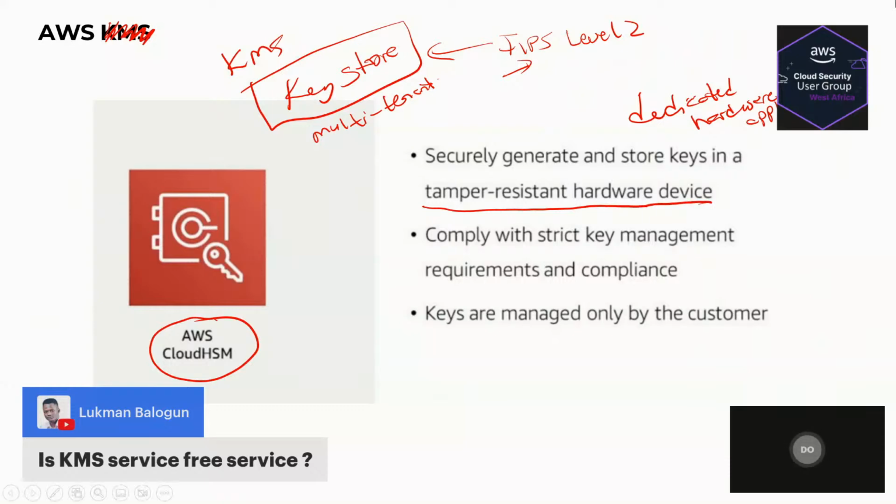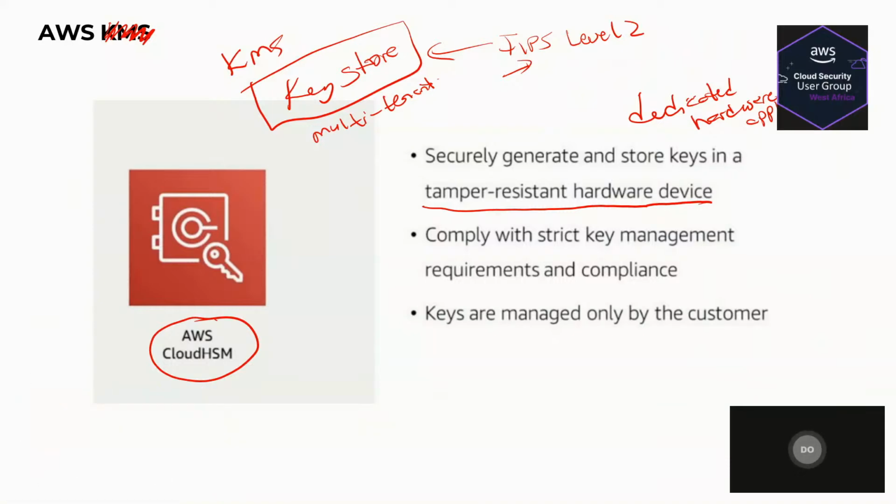Let's say somebody is an experienced hacker, and I say attack this application, that's a skill that you need to attack an application, right? However, if you're going to be attacking a hardware module, it's a different type of skill that you need, right? So it's more tamper resistant in terms of that. So essentially, if your organization needs to meet stronger compliance requirements, you can look into Cloud HSM.